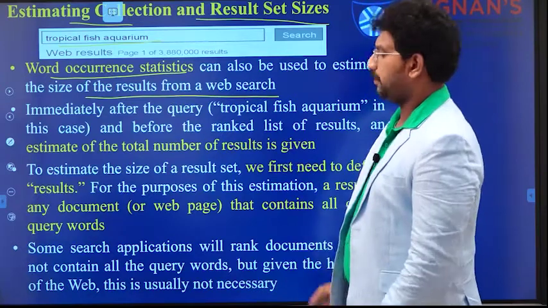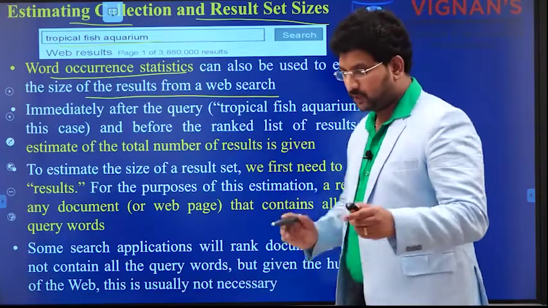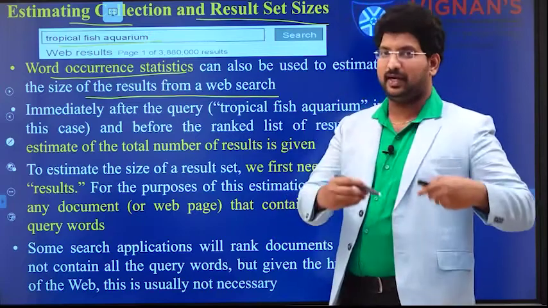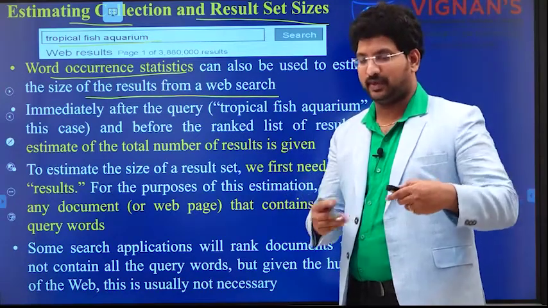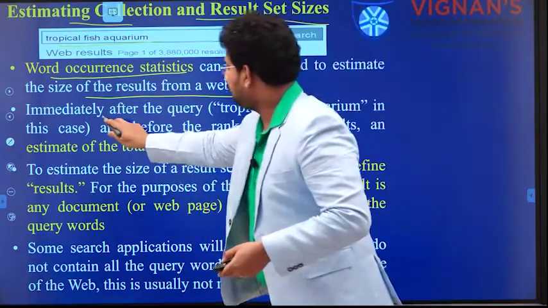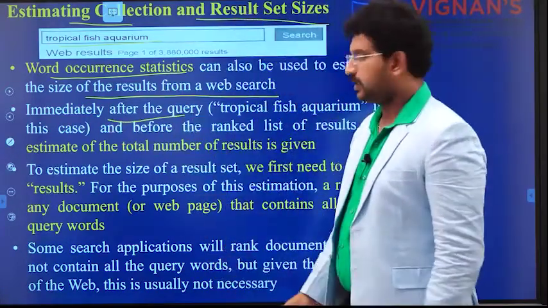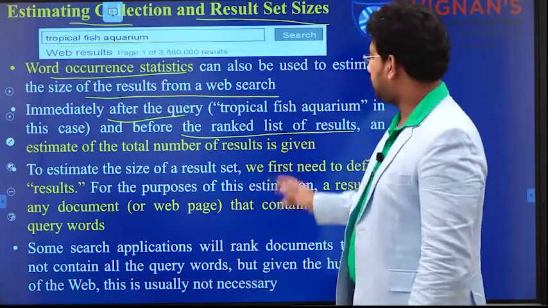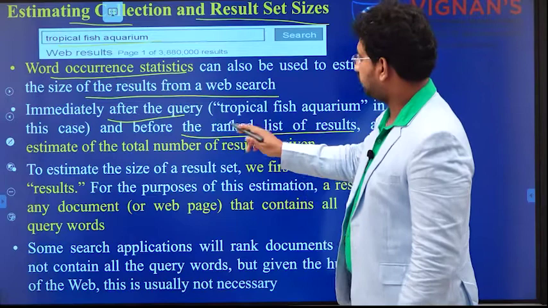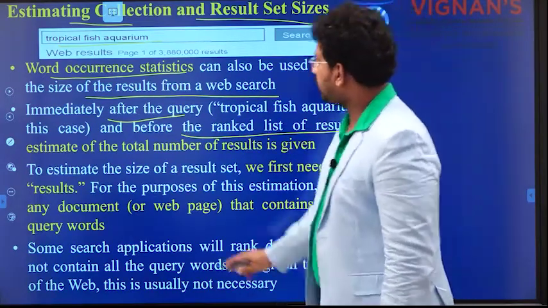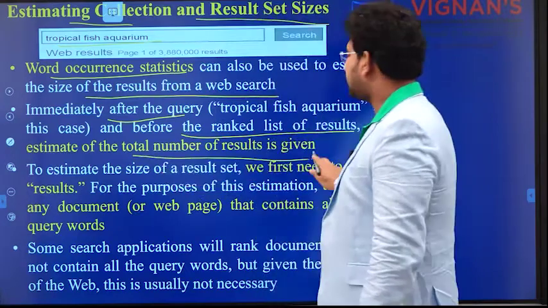Immediately after the query, you enter the query, very good, and you are going to retrieve the ranked list of documents. Meanwhile, you want to estimate. So immediately after the query and before the ranked list of results, an estimate of the total number of results is given.